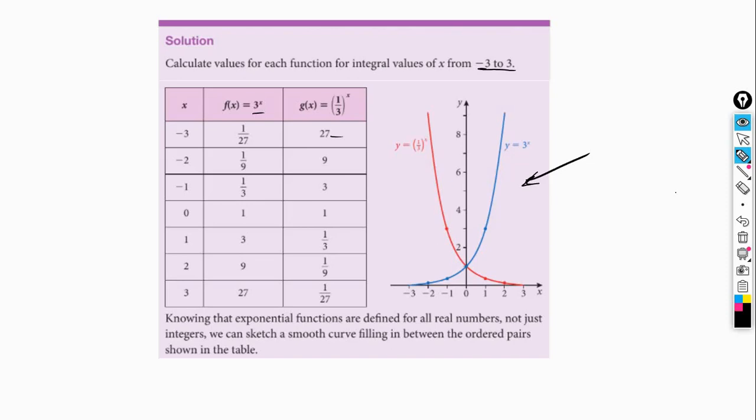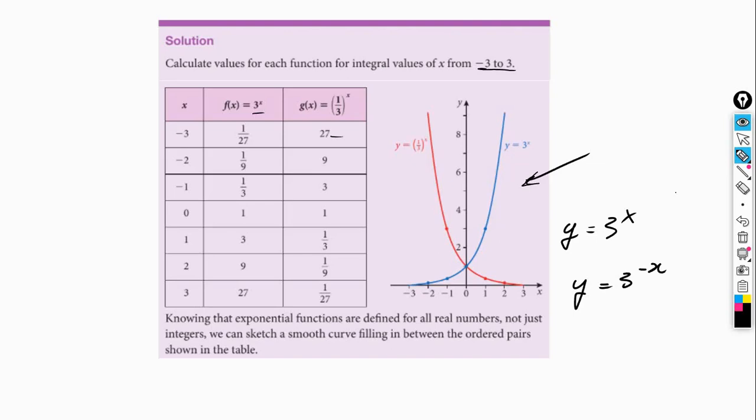Now, if you remember from a previous chapter, we get reflections across the y-axis when we have, in this case, let's say we have y equals 3 to the x. A reflection of this function across the y-axis would be y equals 3 to the minus x.